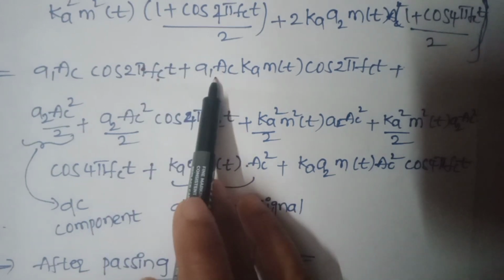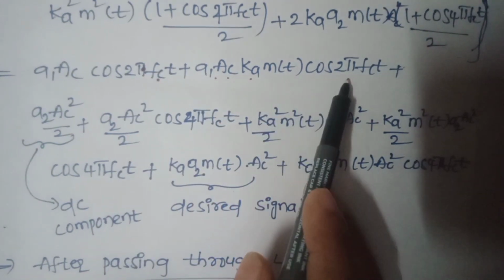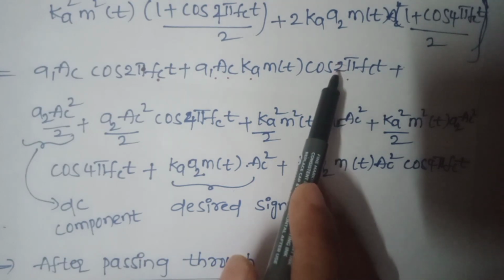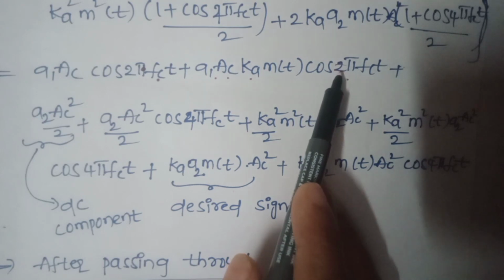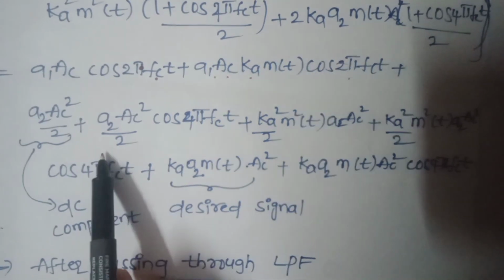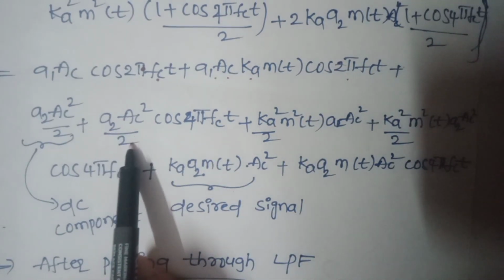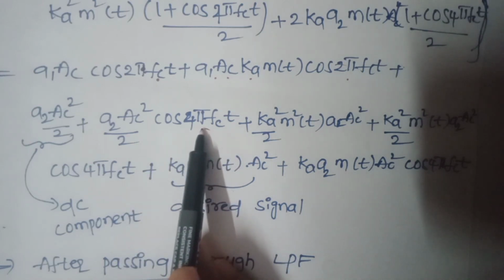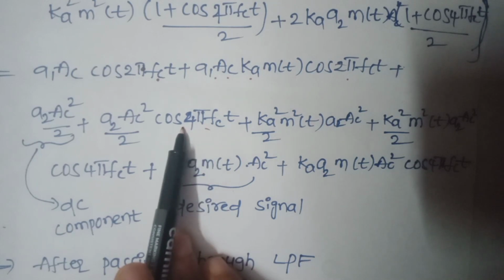Okay, next a1 ac ka m(t) cos 2πfct, here also a high frequency term, this also not allowed by our LPF. Okay, next a2 ac²/2 cos 4πfct. This is also a high frequency term, it will be blocked by the LPF.